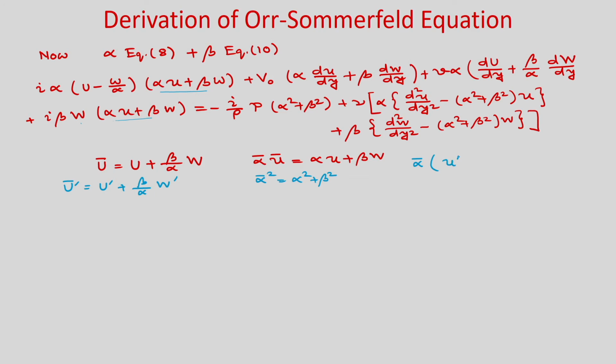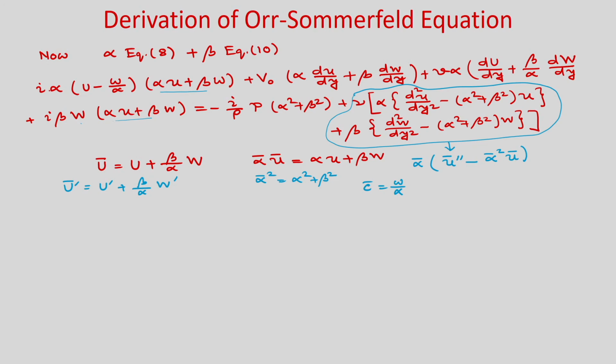We will write d2u by dy square as u double prime, but it will become u double prime bar minus alpha bar square u bar. The whole term inside nu we will represent like this. We will write c bar is equal to omega by alpha bar. So, from here you can see that we can write.